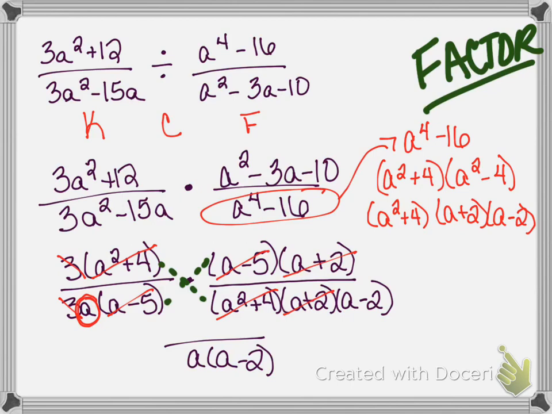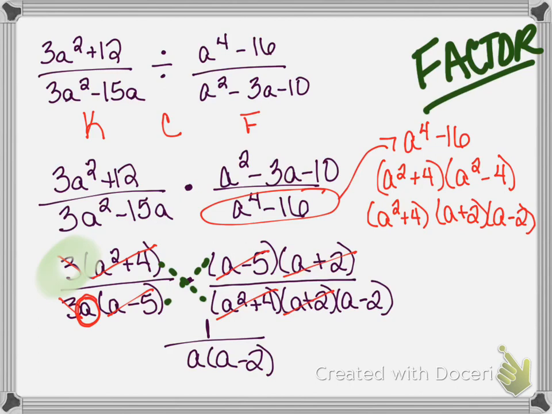When everything in the numerator or everything in the denominator cancels out, you are left with 1. You are not left with 0. Okay? So look at the 3 right here. Okay? This 3. What I said was 3 goes into 3 how many times?